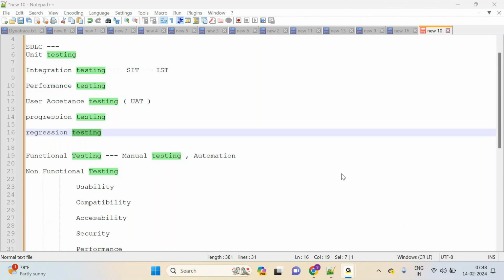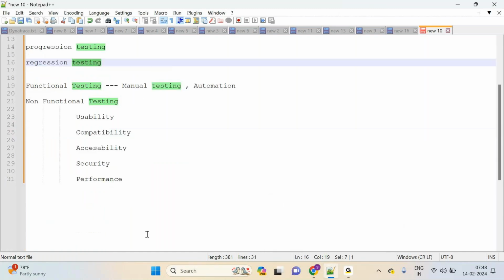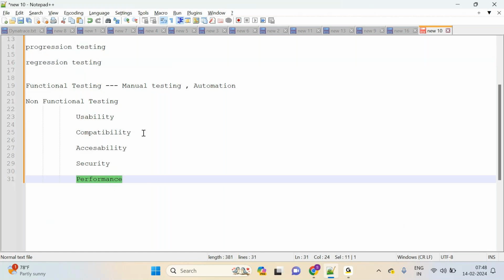Okay, so now completely come back to our topic, which is performance testing. So performance testing means what? Just now I told you, checking the stability of the application under different workload conditions. That is where you are doing performance testing.